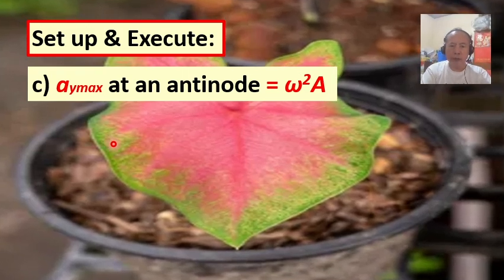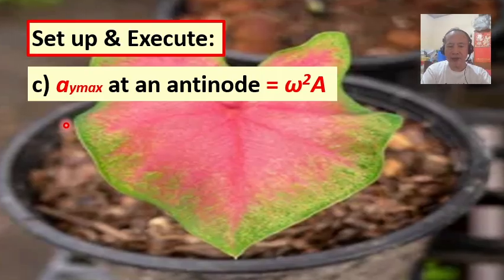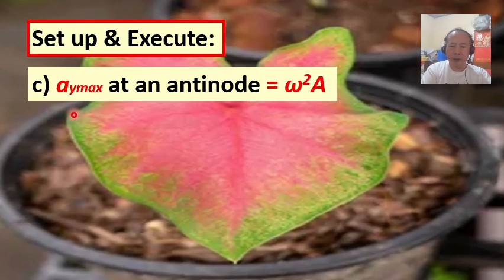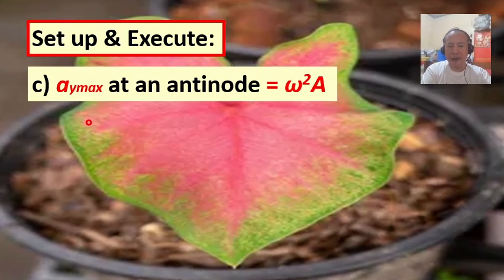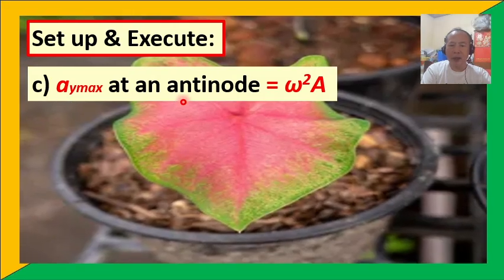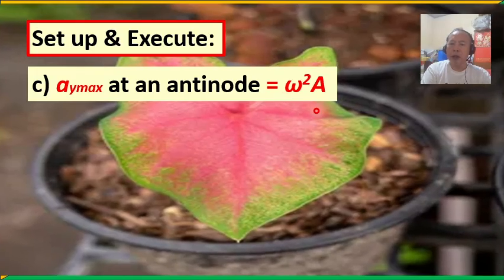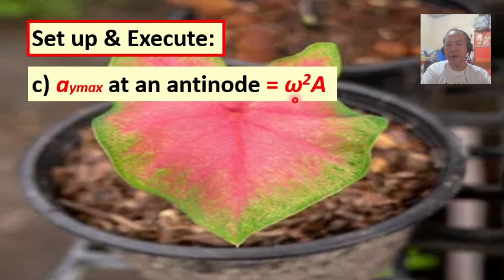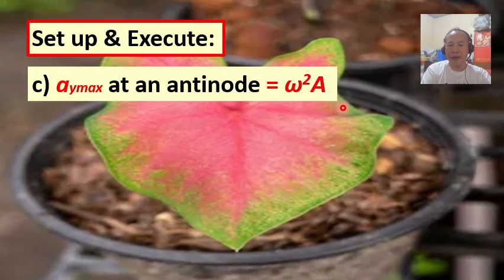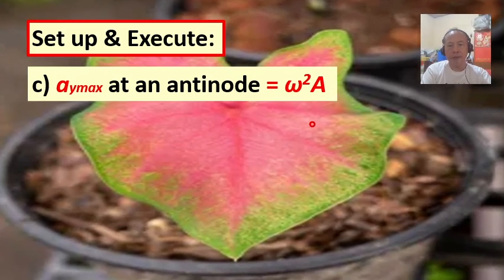So we can now proceed in getting the answer to the question in part C. That is, the maximum transverse acceleration at an antinode is just equal to the product of the square of the angular frequency omega and the amplitude of the wave.